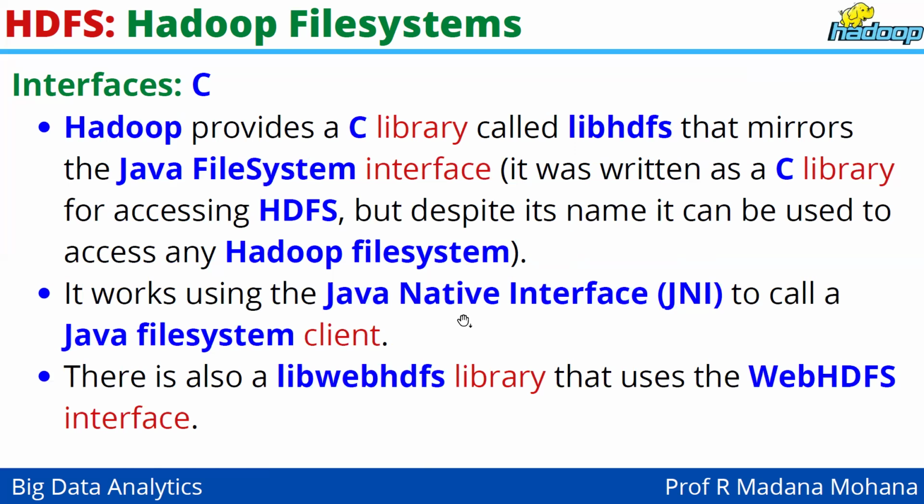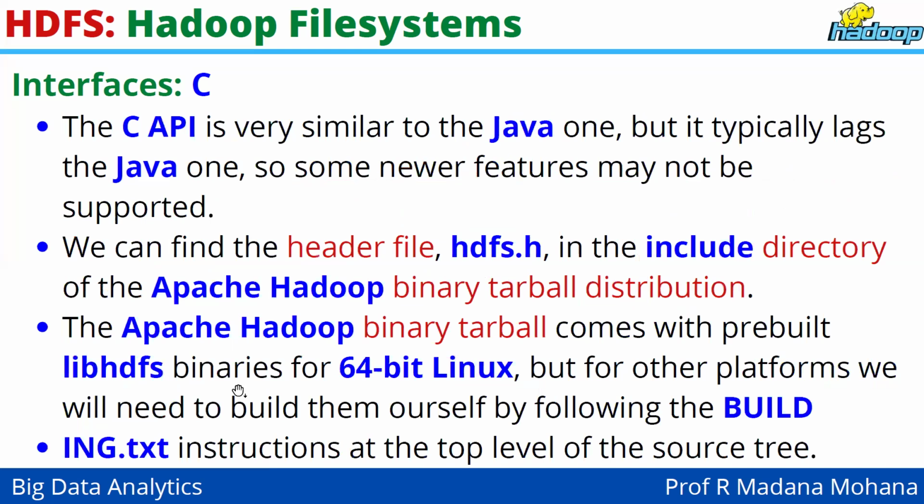It works using Java Native Interface, that is JNI, to call a Java file system client. There is also the libwebhdfs library that uses the WebHDFS interface. The C API is very similar to the Java one, but it typically lags behind the Java one, so some newer features may not be supported.